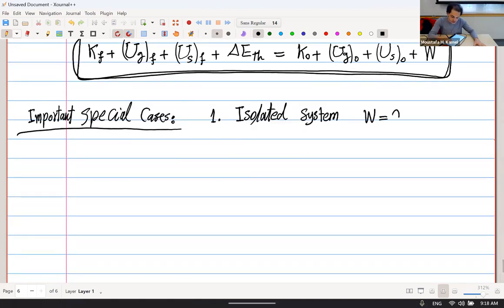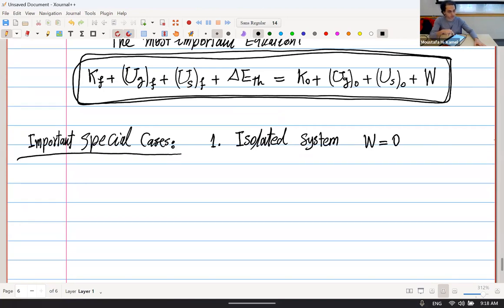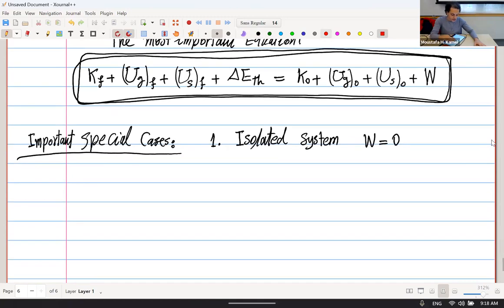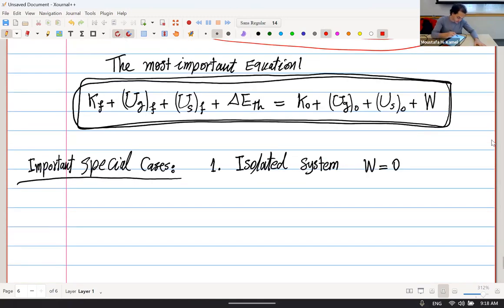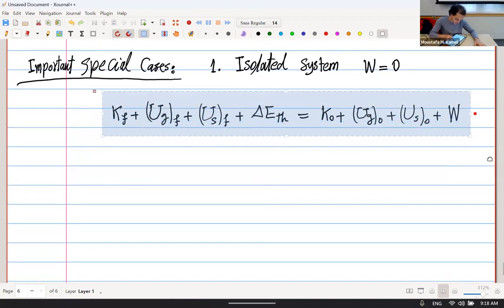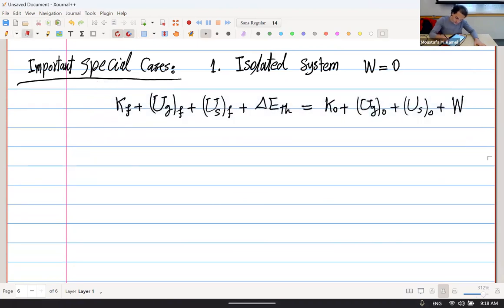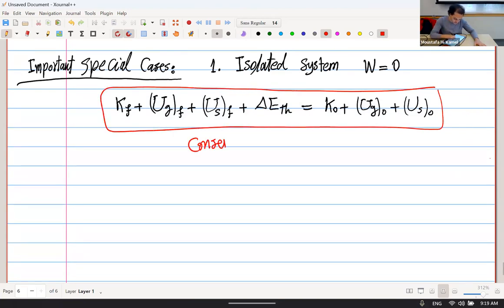So isolated system means there is no work done on the system by the environment, which gives you the equation above, but without the W. I will just copy it and paste it again here, but without this W. This equation is conservation of energy, because all the initial energies are equal to the final energies.